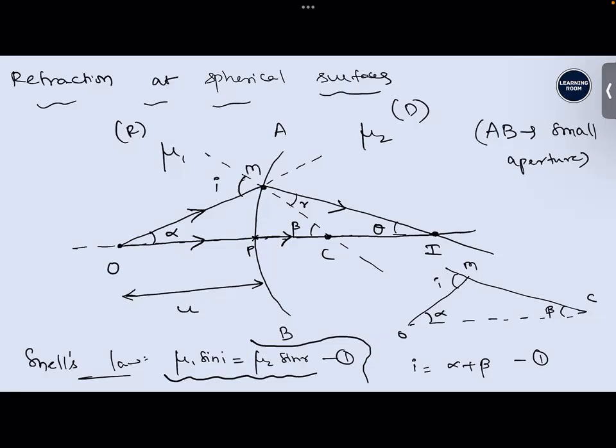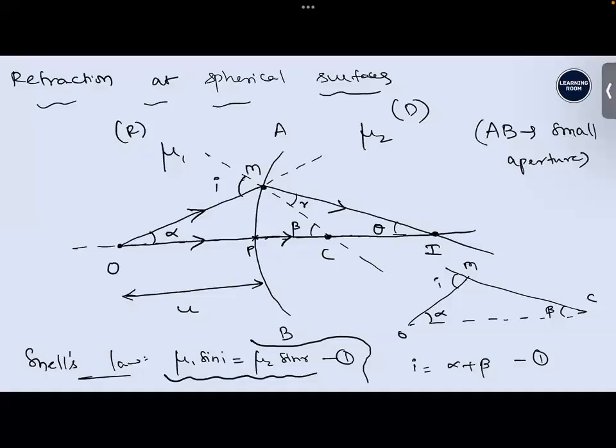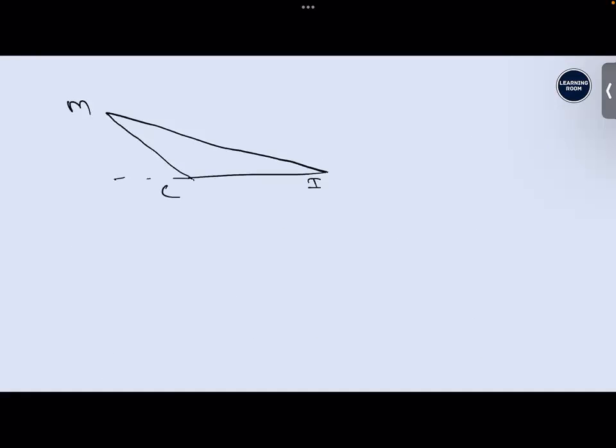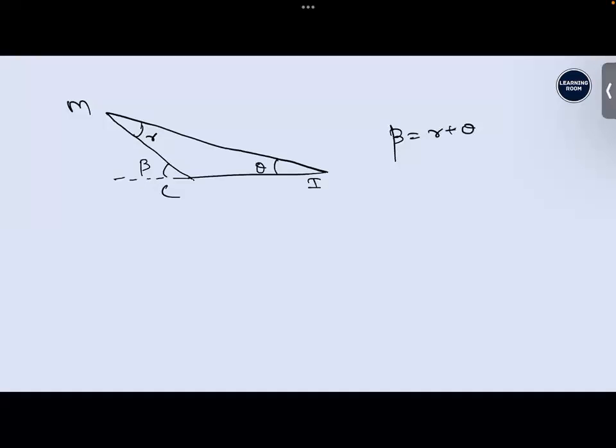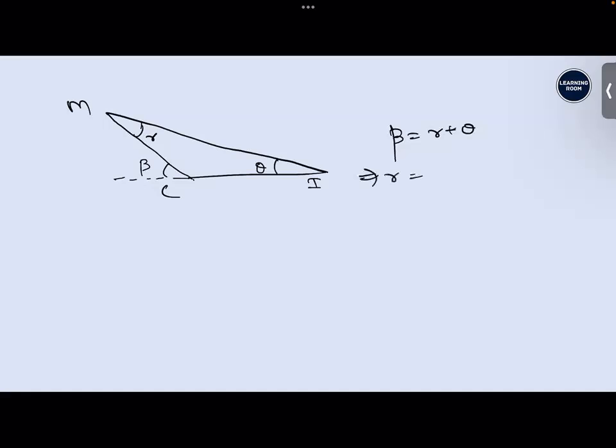Right? Now if I take the other triangle MCI, I'm assuming everybody has drawn the diagram. So if I take MCI, this angle will be beta, this will be theta, and this will be R. So what is the relation between these three? Beta will be equal to R plus theta. So from this I can say R will be equal to beta minus theta.